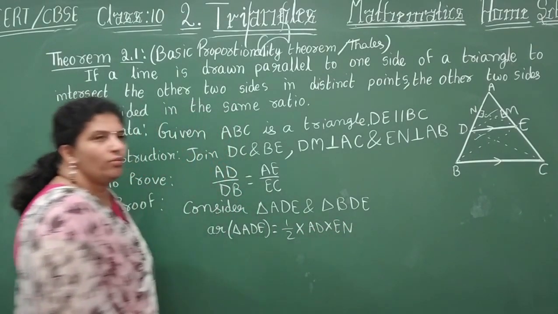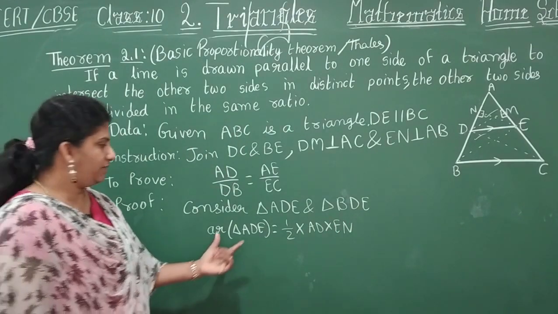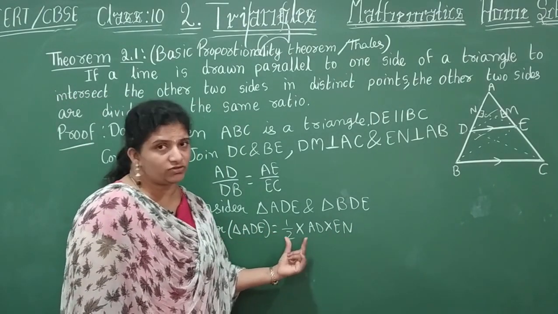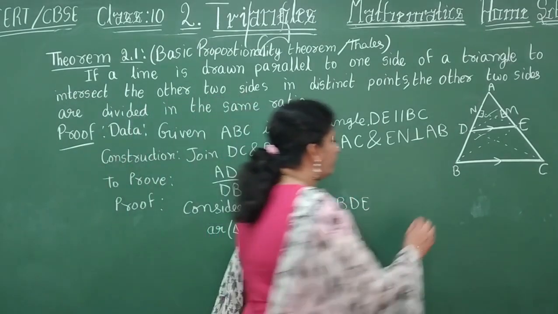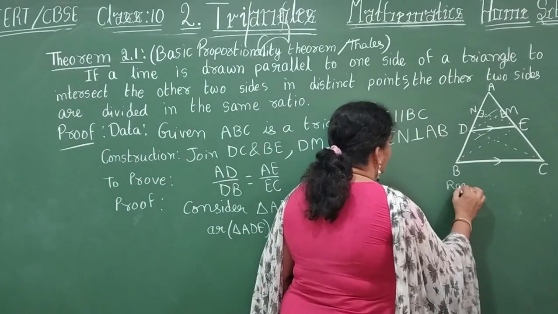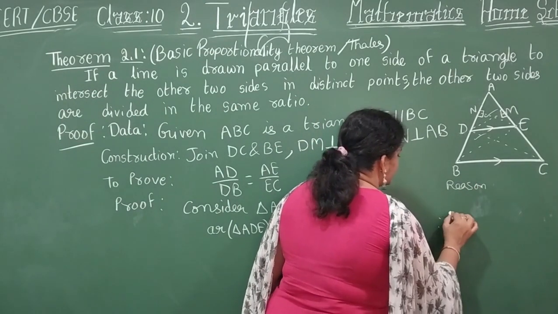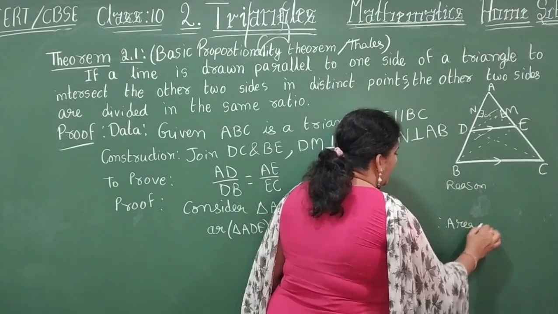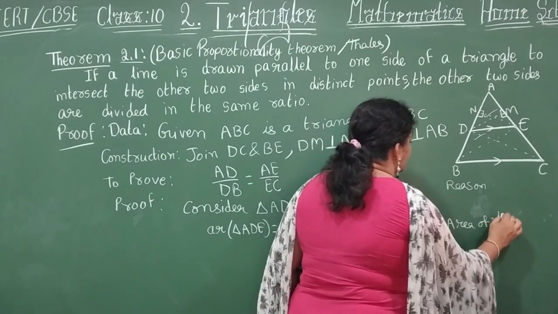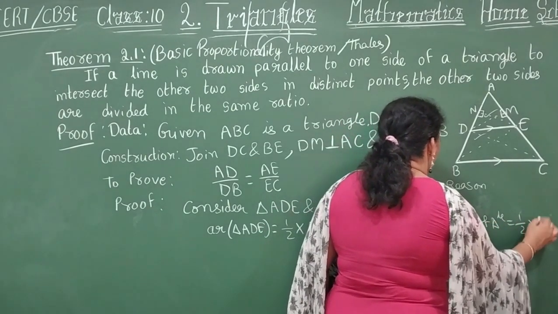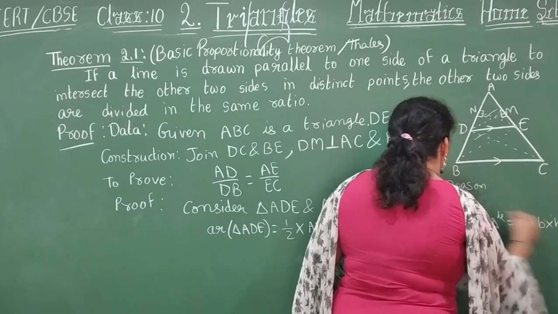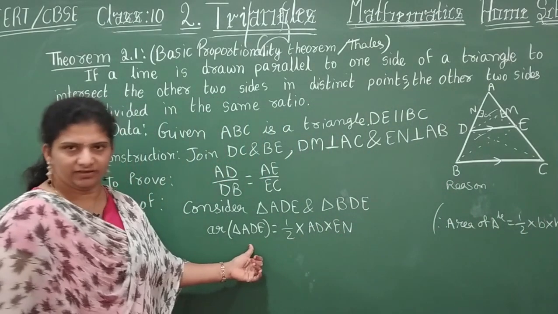When you are writing any theorem statement, you write it by using the formula, right? You have to give a reason for theorems. Reason: since area of a triangle is equal to half into base into height, due to this, I have written here, right?